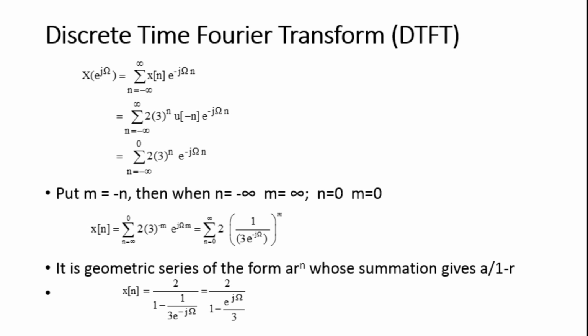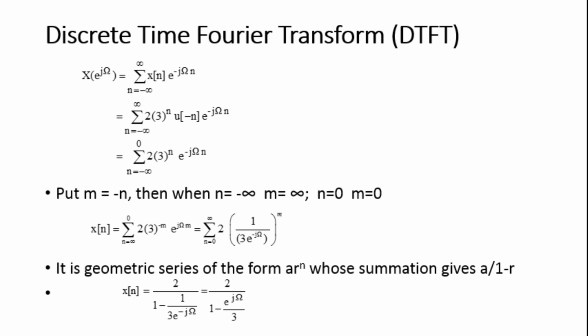We know that the Fourier transform X(e^{jΩ}) = summation n from minus infinity to infinity x(n) e^{-jΩn}, which is equal to summation n from minus infinity to infinity of the given equation 2·3^n u(-n) e^{-jΩn}. Since it is given u(-n), the summation is n from minus infinity to 0, 2·3^n e^{-jΩn}.